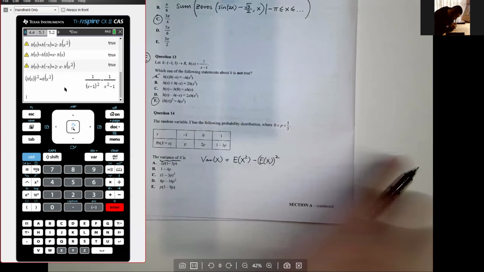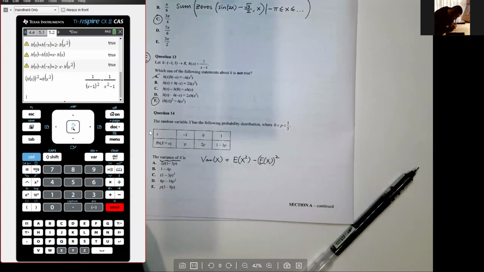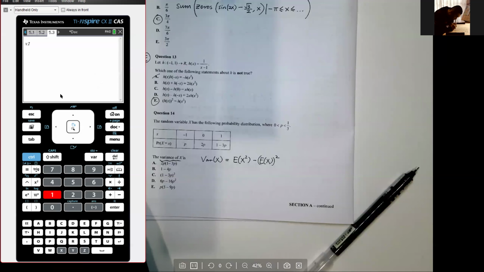I'm not going to use hand calculation, unless it's an exam 1 question. In this case, let x1 be assigned to -1, 0, and 1. P1 represents the 3 probabilities. Don't repeat the P here; you need a P1, P2, etc. Follow the order from P, 2P to 1 - 3P.